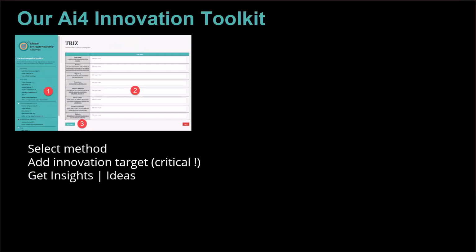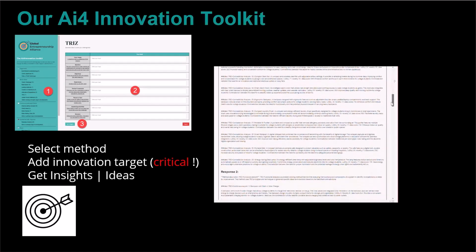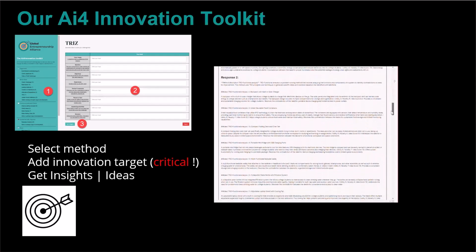The third thing we have is the ideation method. So we have a whole bunch of idea-building tools, the things that build ideas better than humans. You select a method, you fill in your target, which is the true north, click on insights, and you'll get ideas that pop out at lightning speed.